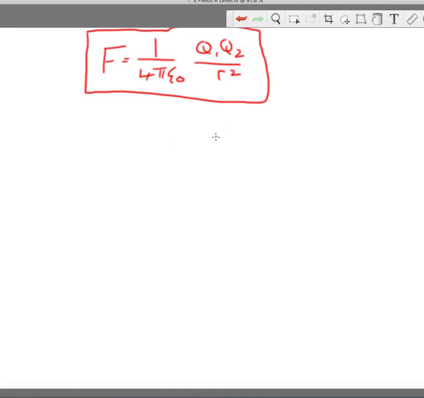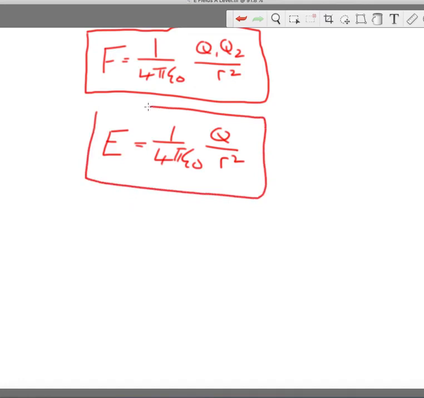Well, the field strength, of course, is defined as the force on +1 coulombs. So if I set one of my charges here to being 1 coulomb, then I get a field strength expression in a radial field, remember, of 1 over 4 pi epsilon naught Q over R squared. So there's our field strength expression, which just comes from our force expression and setting one of those to be our test charge plus 1 coulombs.